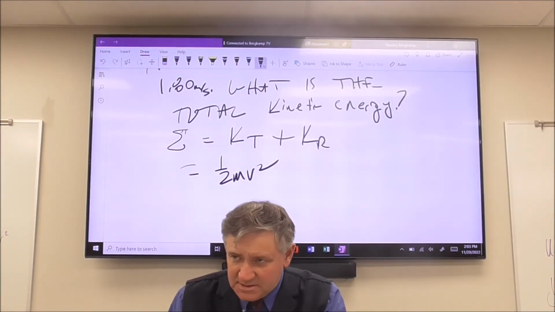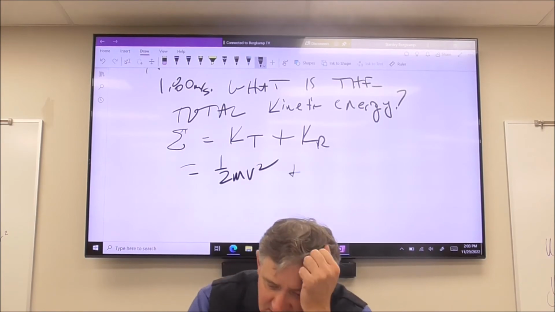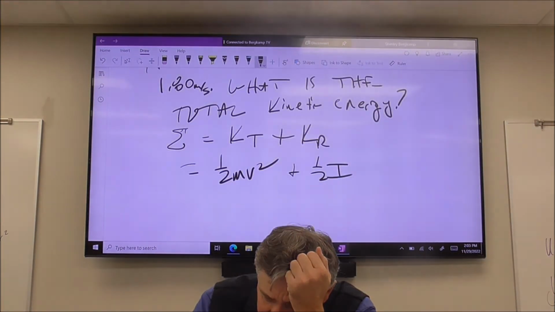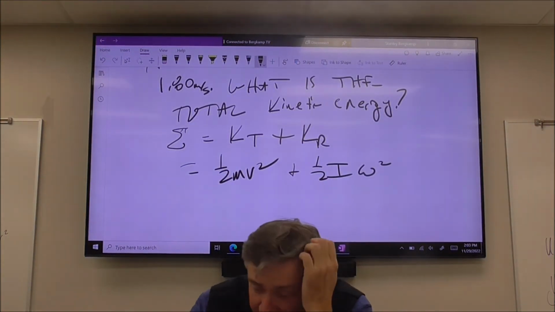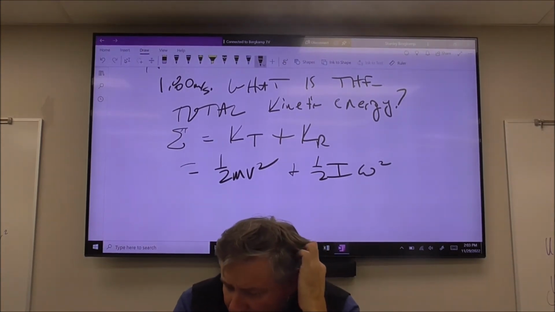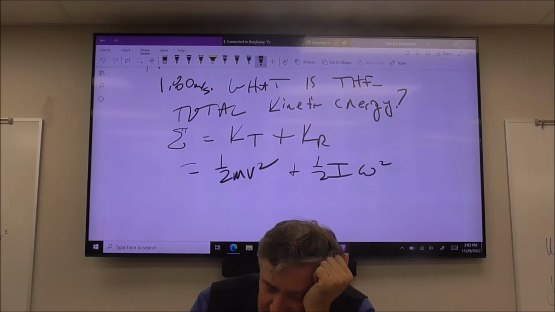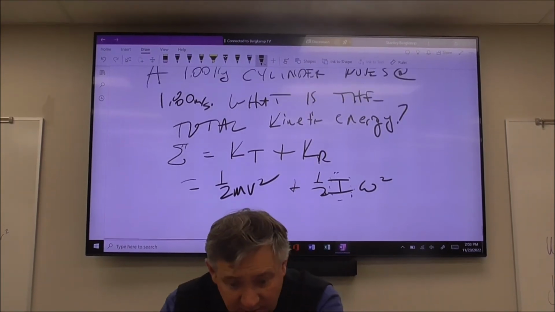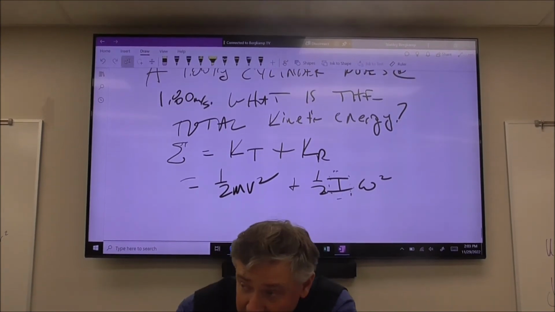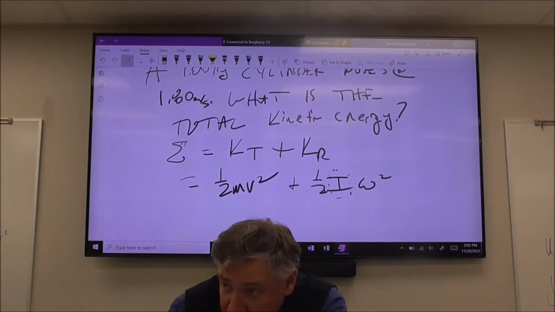Rotational kinetic energy is a problem because KR is 1/2 I omega squared. Now, my I isn't bad, because it's a solid cylinder, right? How do you calculate the moment of inertia of a solid cylinder? 1/2.